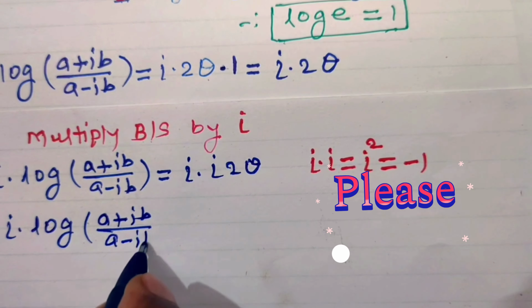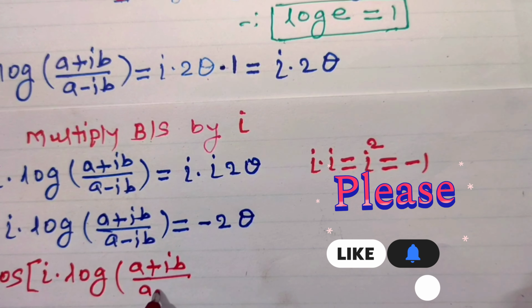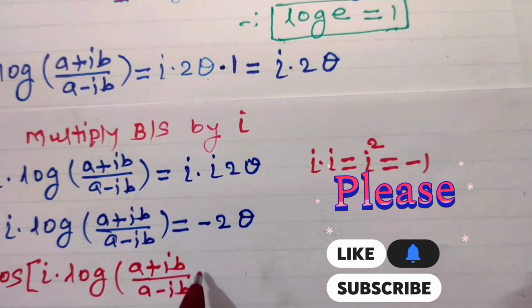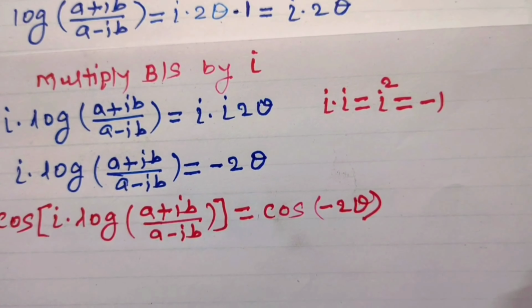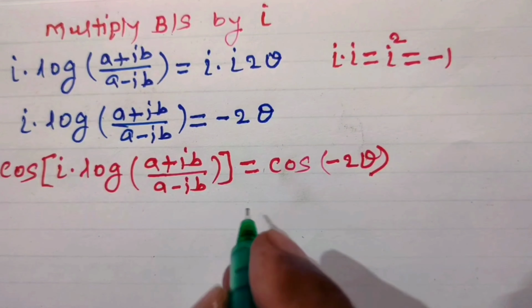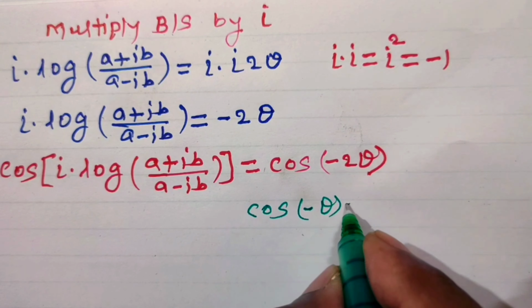Taking cosine of both sides, cos of (i into logarithm of (a plus ib) divided by (a minus ib)) is equal to cos of minus 2 theta. We know cos minus theta is equal to cos theta.